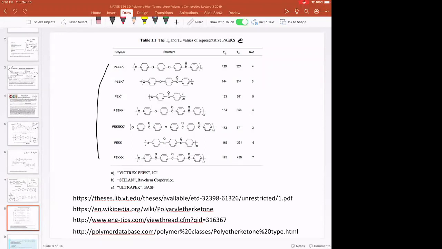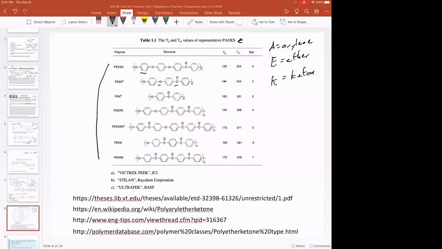So A equals aryl, which is this aromatic or this benzene group. E equals ether. K equals ketone. So this is an ether bond. This is a ketone bond.